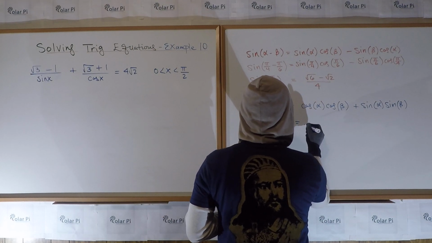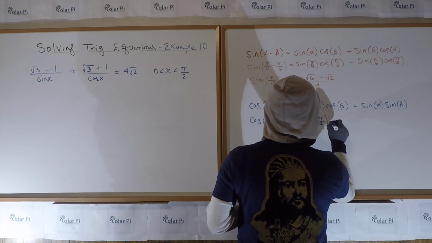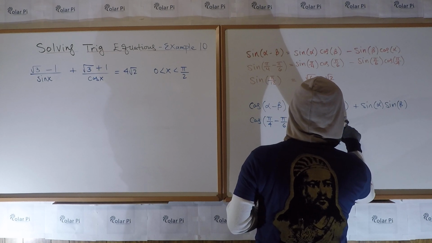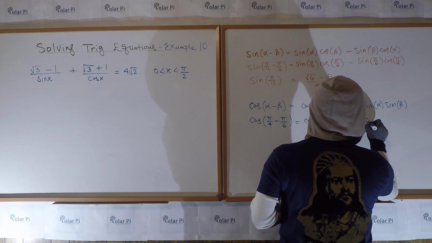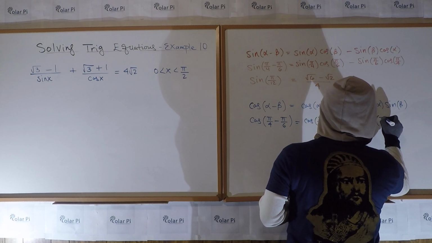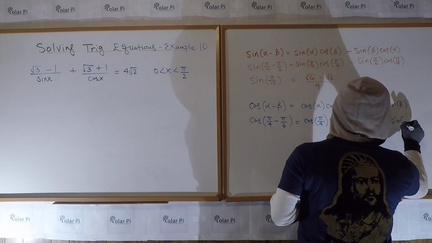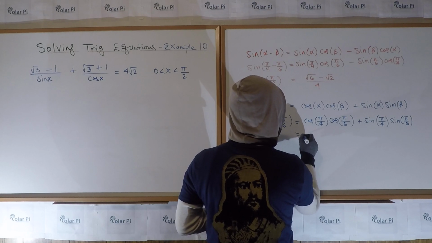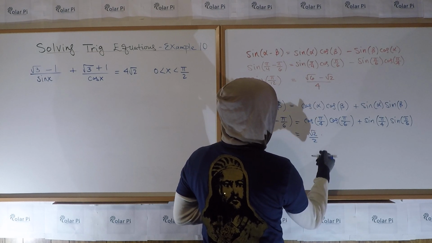And using the right hand side, this is, right? And cosine of pi over 4 we've already done. Cosine of pi over 6 also we already did.